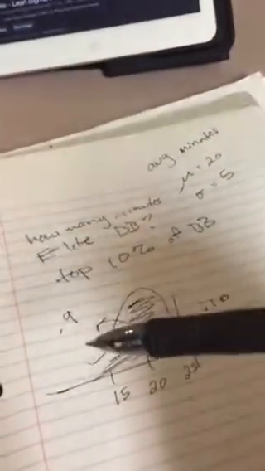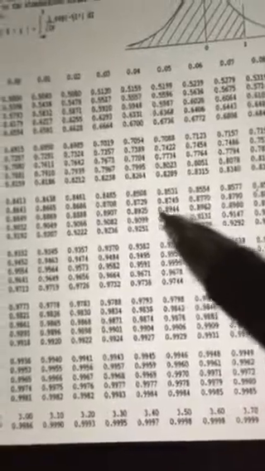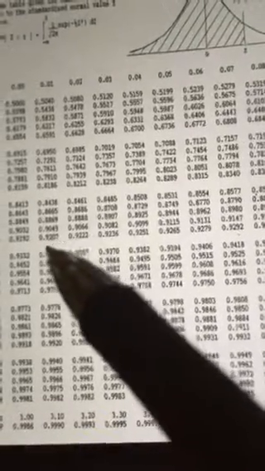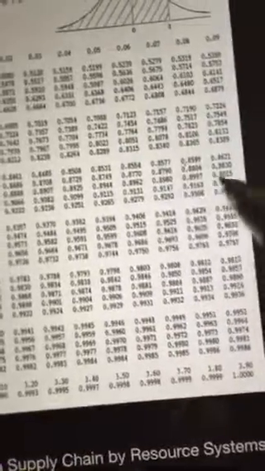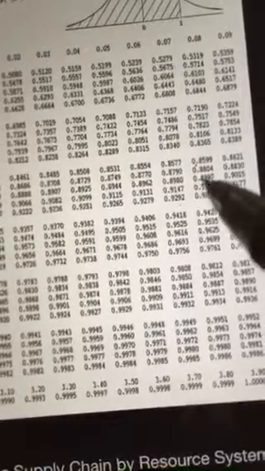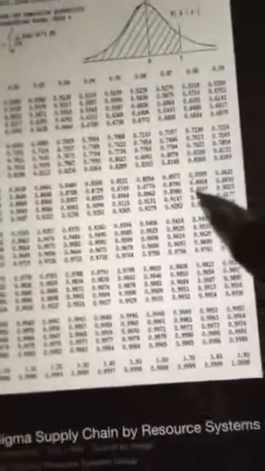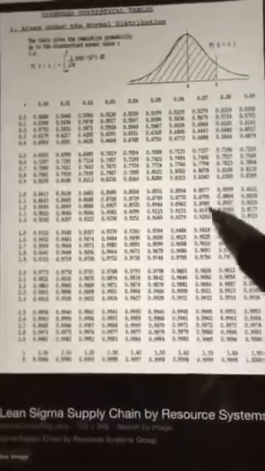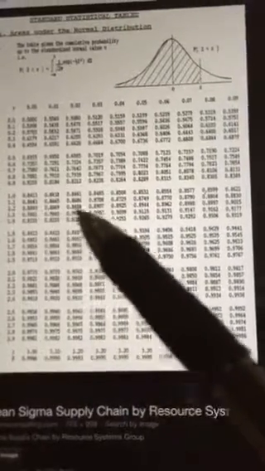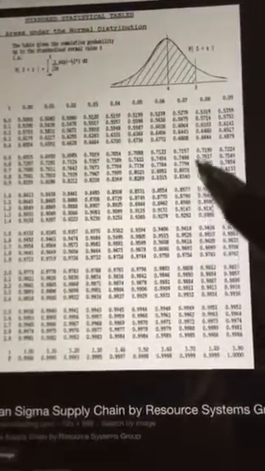So we need to look up 0.9 in the table. Just like we did on the normal one, we look in the table for 0.9, and it looks like 0.8997 is going to be the closest. So we go over, and that's 1.28.